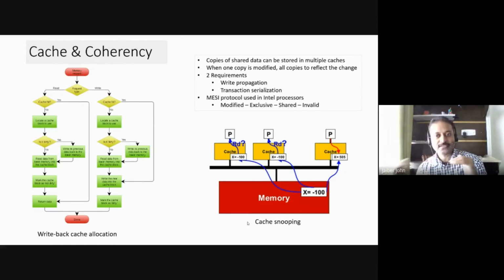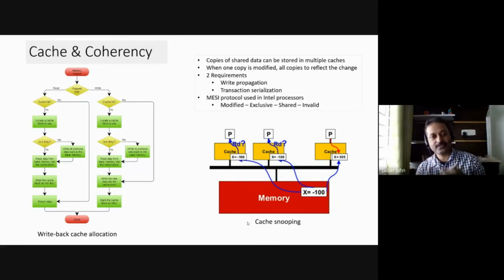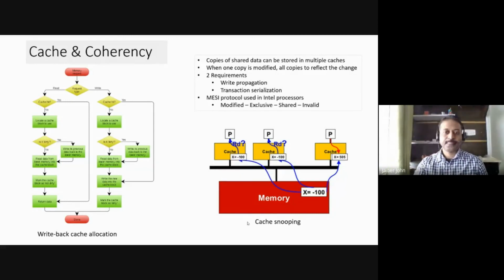If we have the same data cached on both sides and the other processor has modified it, this will be marked as dirty because it is outdated. It has to be synchronized, right? For this, Intel processors have this messy protocol, which maybe you can go read through: modified, exclusive, shared, and invalid. This is like a state diagram which shows all the states the cache can go through to ensure that it's coherent across multiple execution units. And this process is called cache snooping.